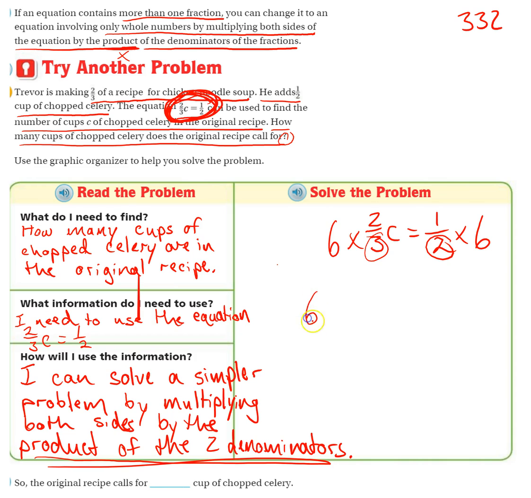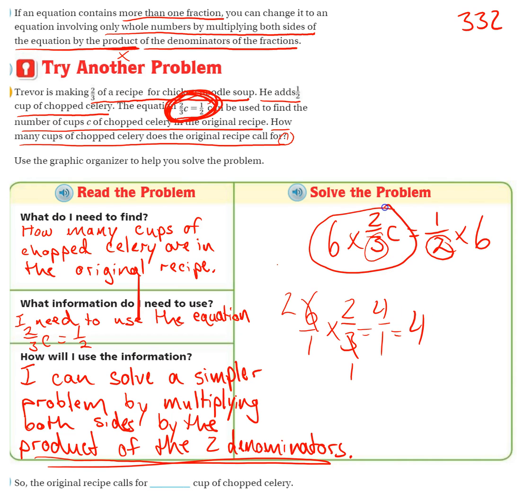Okay, 6 can be written as 6/1 times 2/3. Again, I can cross simplify here. 3 goes into 3 one time, 3 goes into 6 twice. Now I have 2 times 2 is 4/1, which equals just 4.